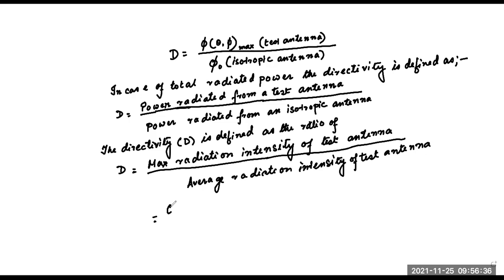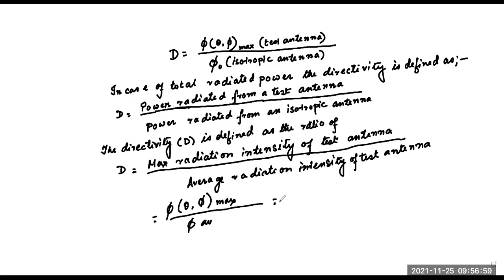That is equal to phi of theta comma phi max by phi of average.